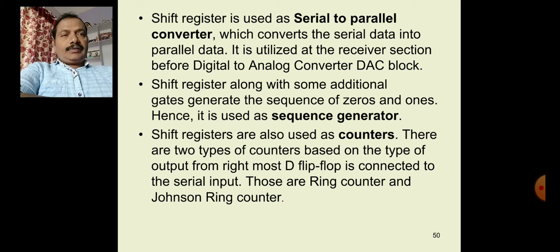After detecting that message signal, it is converted into digital data, and then to analog by the DAC, digital to analog converter. That analog signal is once again processed, and then it is sent to the DAC block. So that is a serial to parallel conversion.